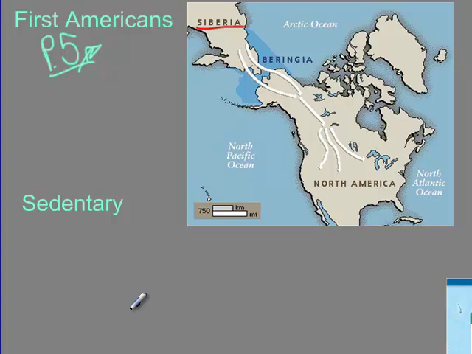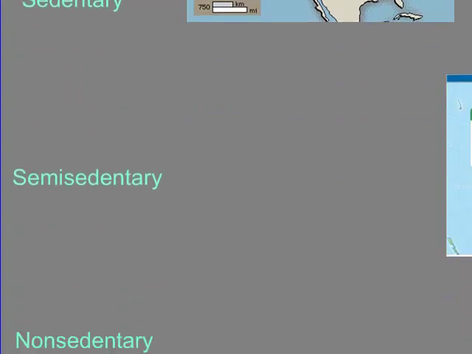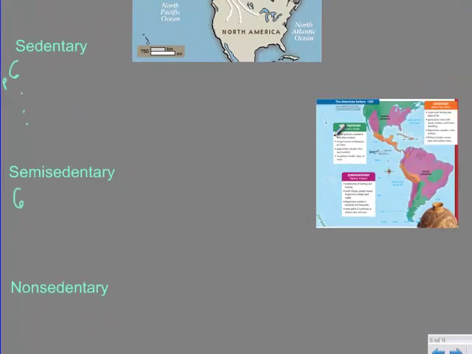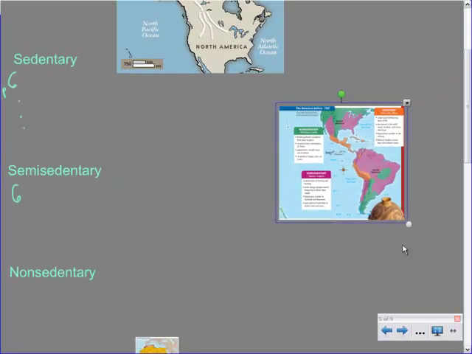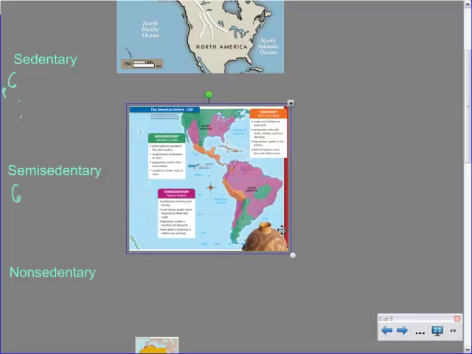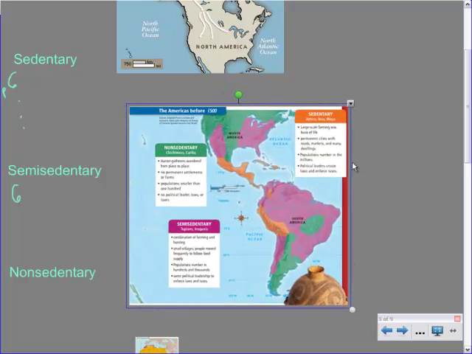So moving on to these societies right here, each of them are on page 6. They're all bullet pointed for you on a page, and it has all the definitions. This map is also in your book. So if we look at this real quick, it gives you a description of what each of the societies are. So sedentary, they stay in one place.